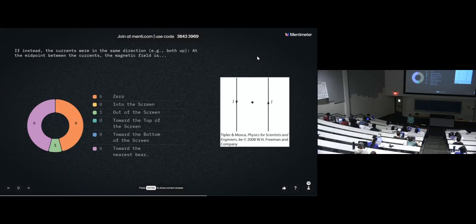Toward the nearest bear. If only we lived in a universe where magnetic fields always pointed towards the nearest bear. Which means that there would be magnetic monopoles, right? Because magnetic fields have to terminate somewhere. They terminate on the bear. And you'd have magnetic monopoles. So it's up to us to find what the magnetic plus charge is, because magnetic fields would terminate on bears, so they'd be negative charges.